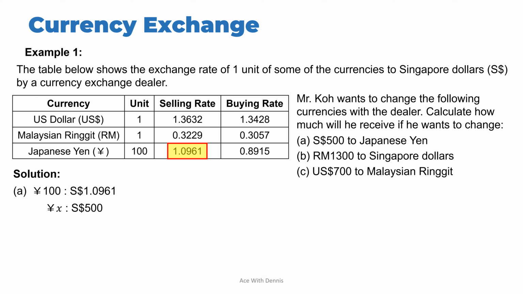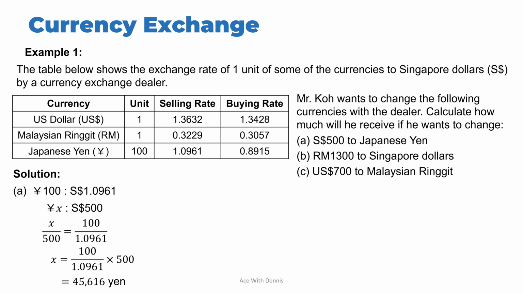How much is it in yen if I want to exchange 500 Singapore dollars? This is a direct proportion case, so we can form this equation: x over 500 equals 100 over 1.0961. We solve this equation. x is 100 over 1.0961 times 500, which is 45,616 yen.